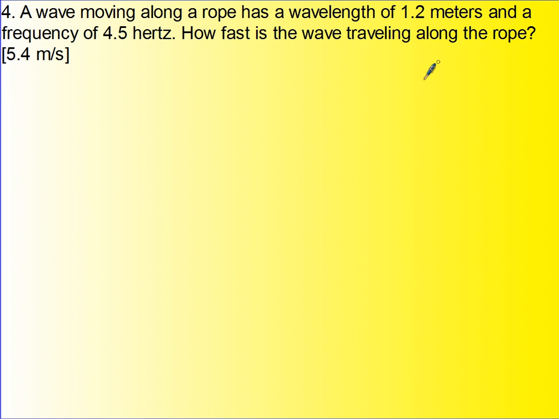Now a wave moving along a rope has a wavelength of 1.2 meters. So that's lambda. And a frequency of 4.5 hertz. How fast is it moving along the rope? Now, how fast is velocity. So, givens, I have wavelength is 1.2 meters.